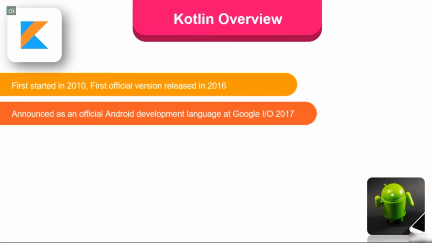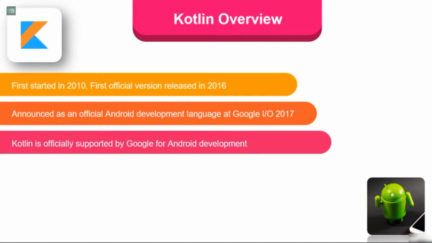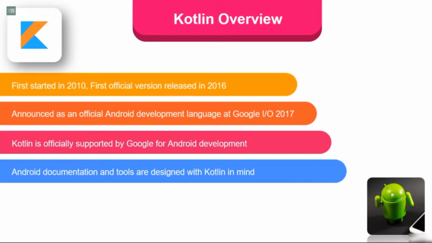That's why the Kotlin programming language became the third fully supported language for Android after Java and C++. So now, Kotlin is officially supported by Google for Android development, meaning Android documentation and tools are designed with Kotlin in mind. Good to know.